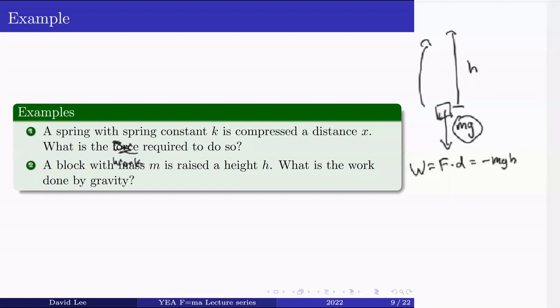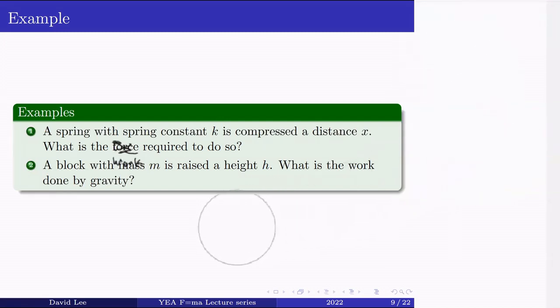Okay, now number one. For this, we have a spring right here, and it has a spring constant of K, and we compress it a distance x. So we want to find the work required to do so.